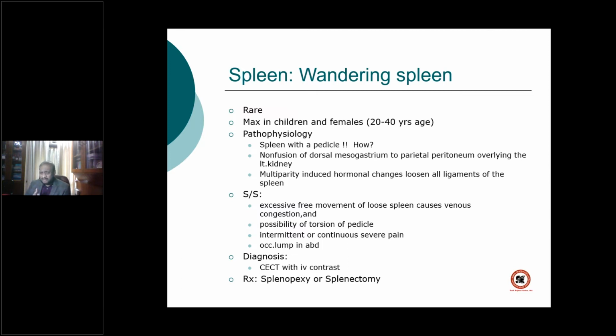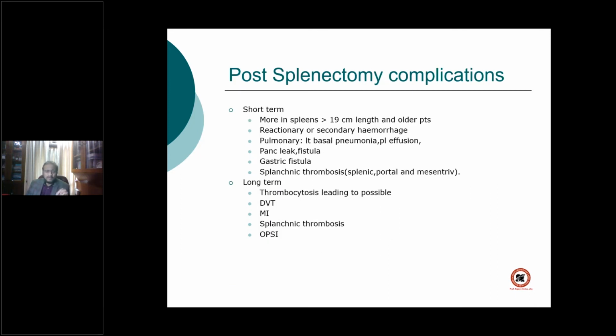As simple as that. But remember, splenectomy should not be undertaken as a very light operation, in the sense that the after effects of splenectomy are very morbid and mortal, right? The post-splenectomy complications. Short term, especially when you have removed a very large spleen of more than 20 centimeter length, that is massive splenomegaly, remember?